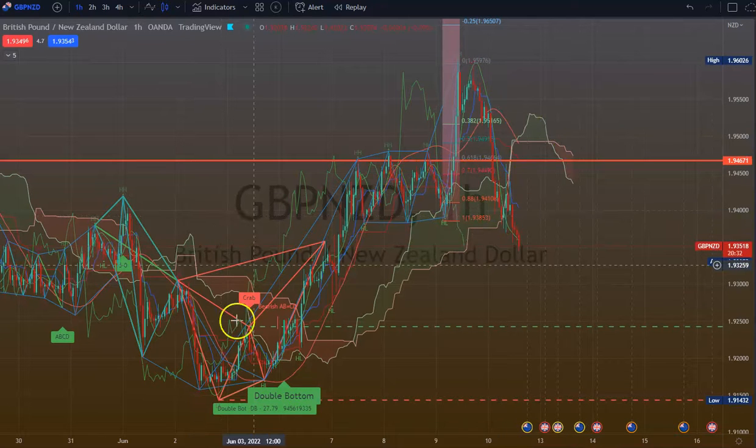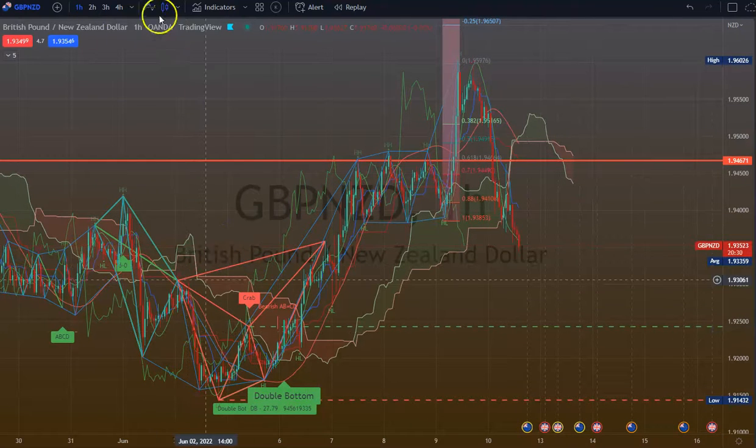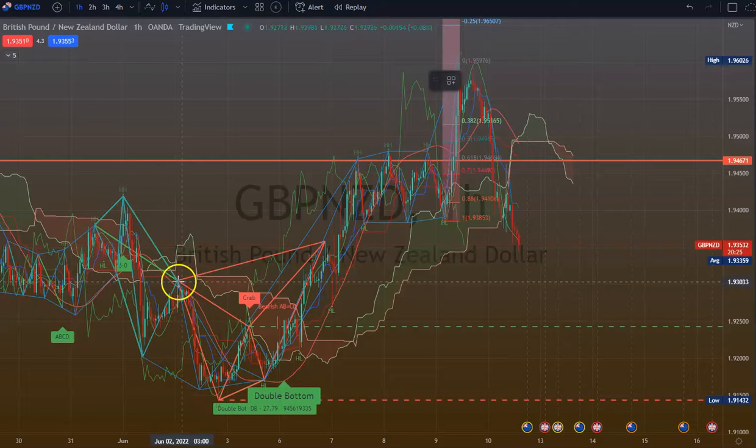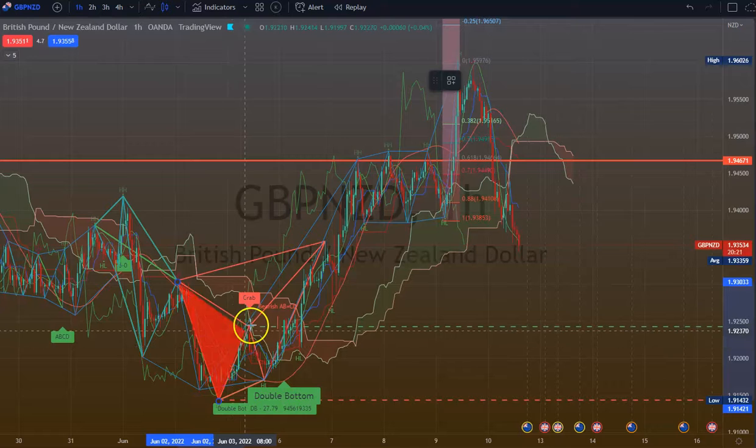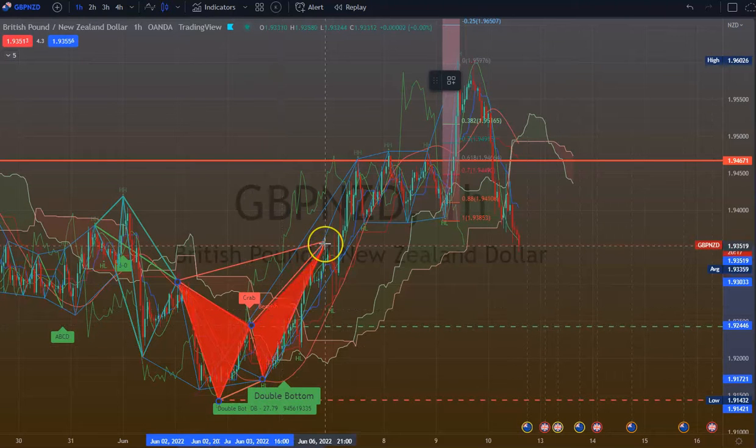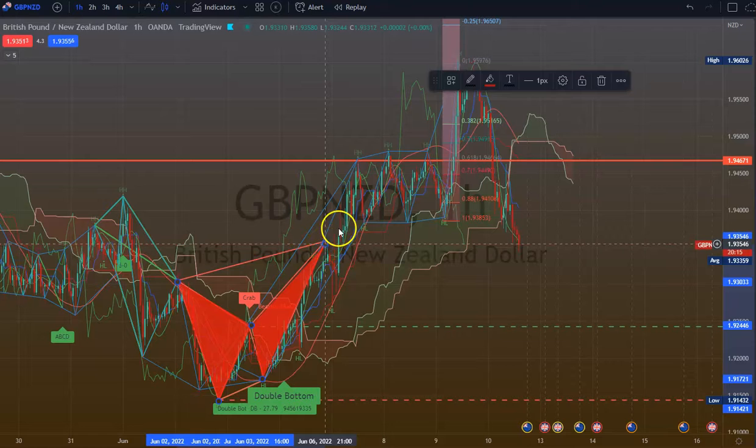Now it's inside of this crab pattern, and we'll continue down. If you're looking for a good short, USDCAD is a great short to get into right now.